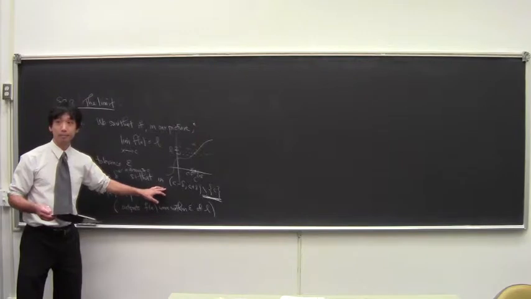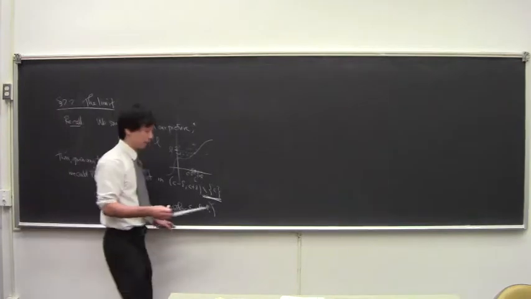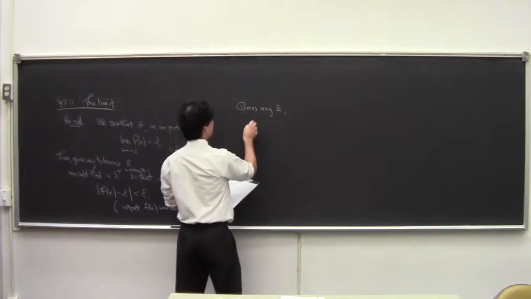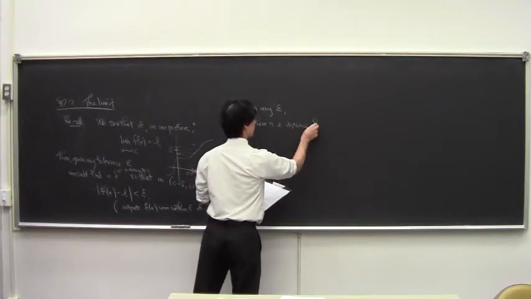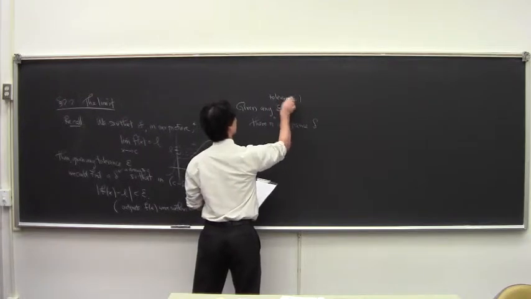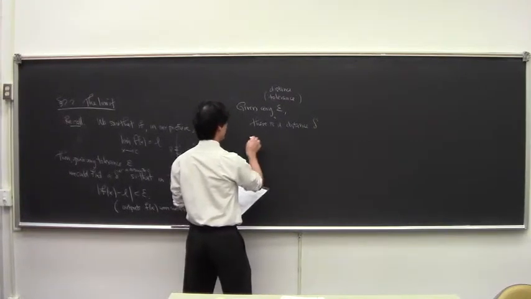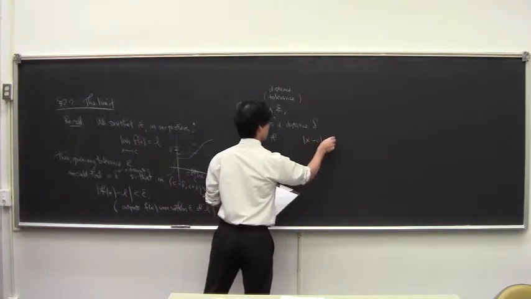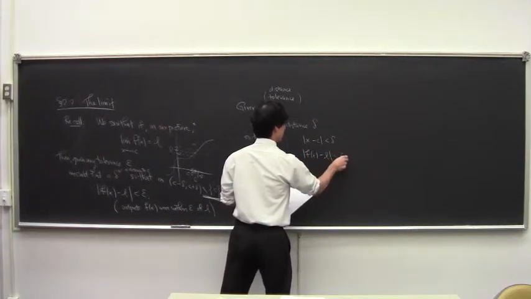Okay, so let me write this again in a slightly different way. Given any tolerance epsilon, or you could think of this as a distance too, there's a distance delta so that if x minus c is less than delta, then f of x minus L is less than epsilon.